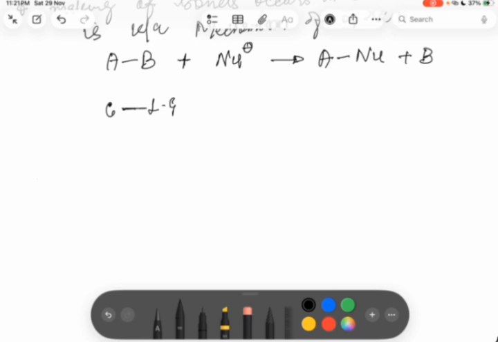That means now our reactant species contains a carbon atom which is attached to a leaving group, and in addition it forms 3 covalent bonds. So our carbon is tetravalent in nature. This will react with nucleophile and lead to the formation of product. Here our leaving group will be replaced by the incoming nucleophile.